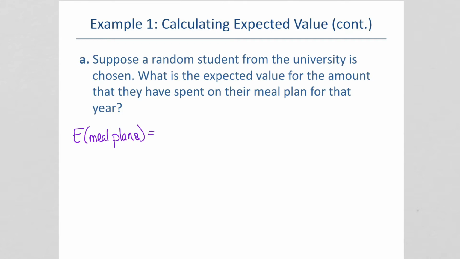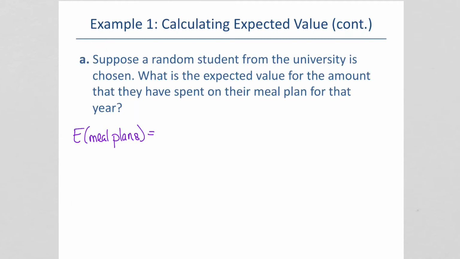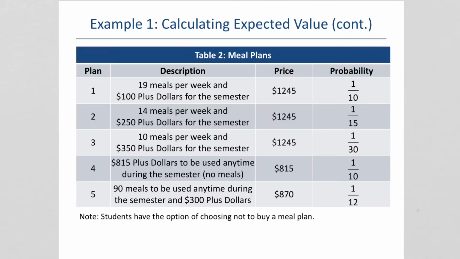So, we take the probability times the price for each one. So for the first one, the probability that they get the first plan is 1 in 10, and its price is $1,245. Then we add that to the probability that they get the second plan, 1 in 15, times the price, also $1,245.